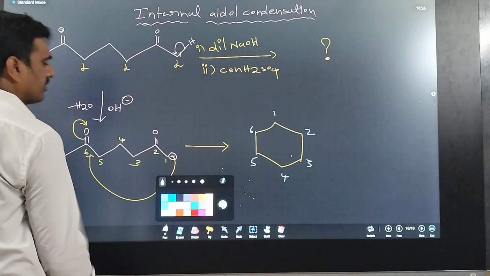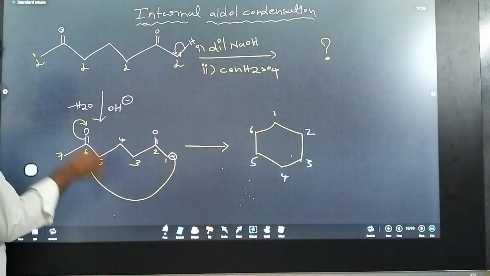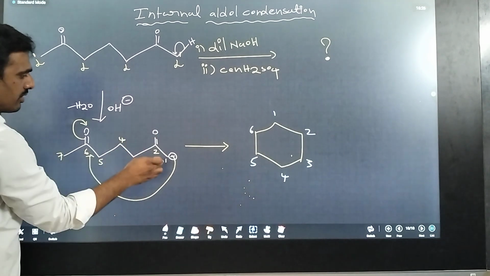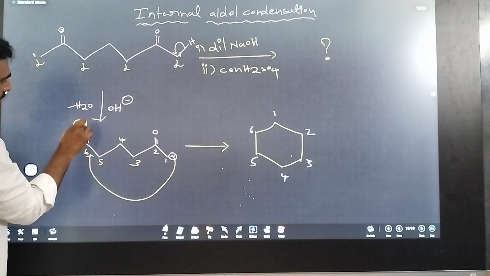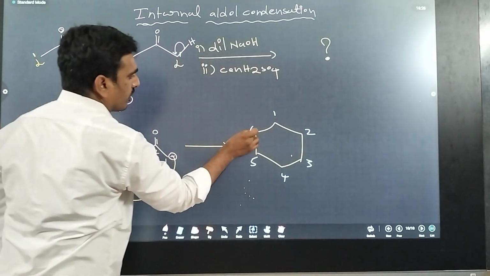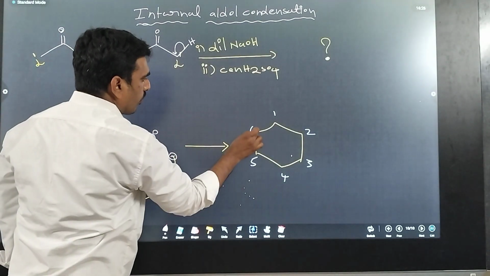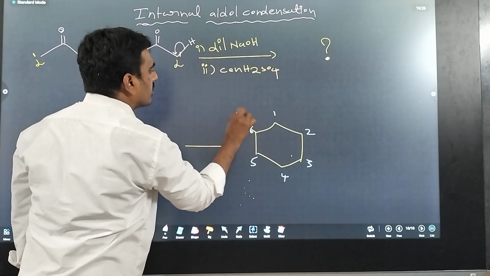Then the first carbon is connected to the sixth carbon, with electron displacement towards oxygen, and the sixth carbon has O minus.